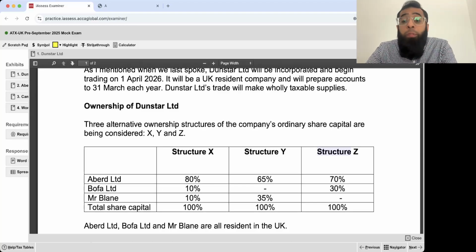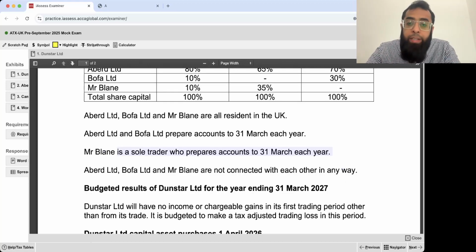Abrid Limited and BOFA Limited prepare accounts to 31st March each year. Mr. Blaine is a sole trader who prepares accounts to 31st March. Abrid, BOFA Limited, and Mr. Blaine are not connected to each other in any other way. So their only connection will be due to the share ownership.